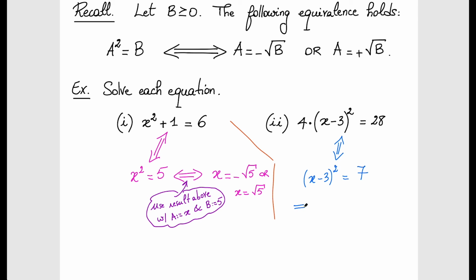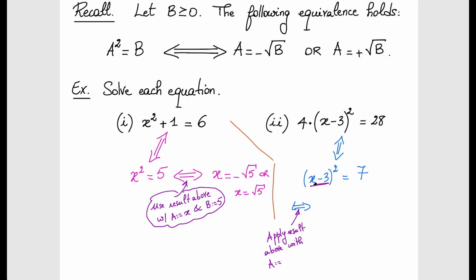So now I'm going to apply the earlier result, the result above, with the a to be, who's the a now? Who's the guy that's squared?